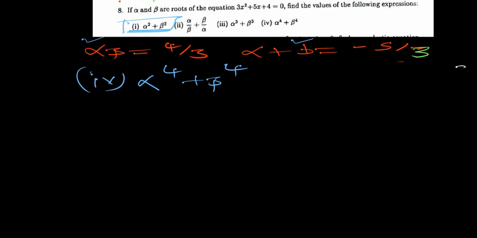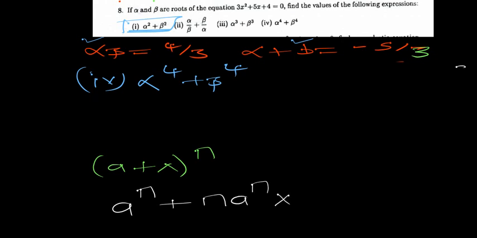You understand that if you've got a plus x raised to the power n, the expansion becomes a to the power n plus n a to the power n minus 1 x plus n choose 2 a to the power n minus 2 x squared.